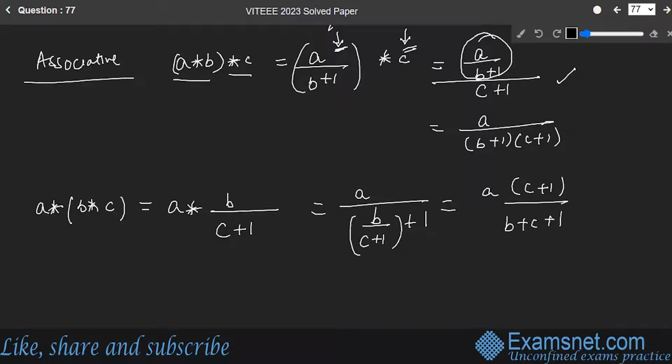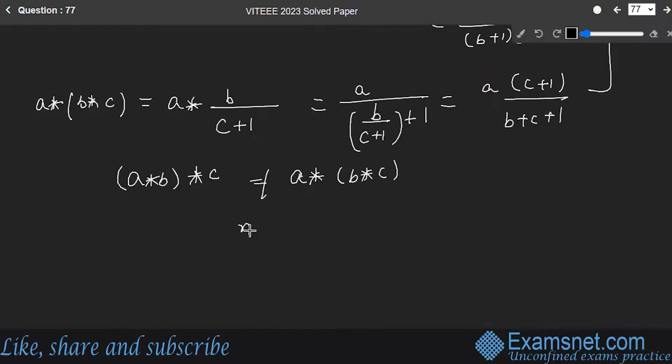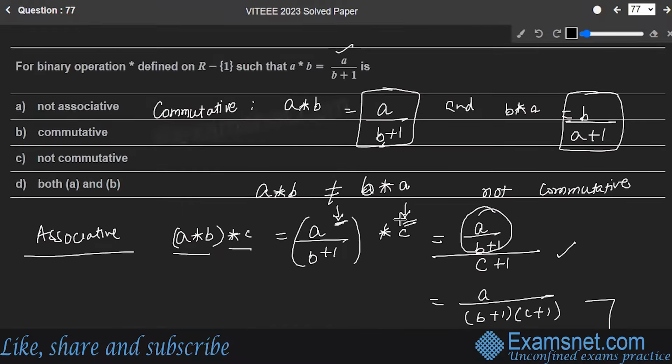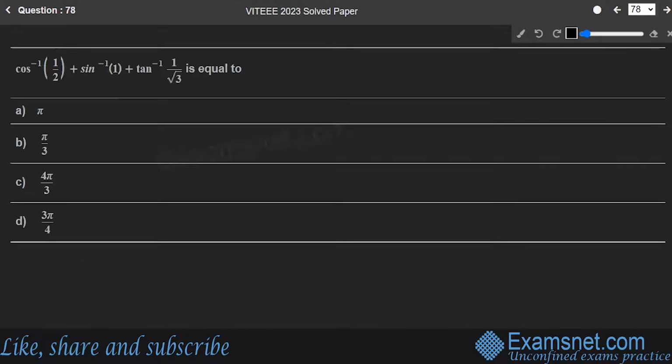So clearly again, these two are not equal. (a asterisk b) asterisk c is not equal to a asterisk (b asterisk c). That means it's not associative as well. That means it's not associative, not commutative, and not both A and B. Option D is the correct answer. Hope you understood this.